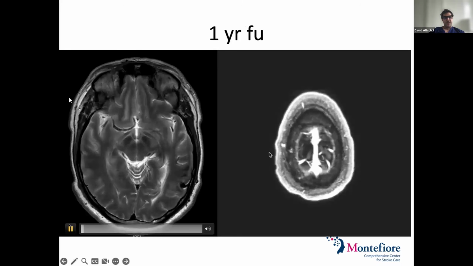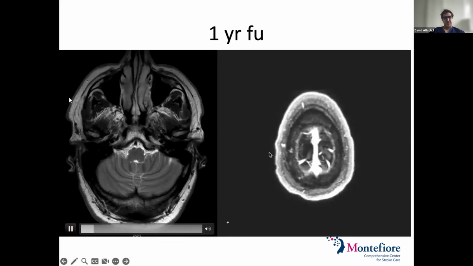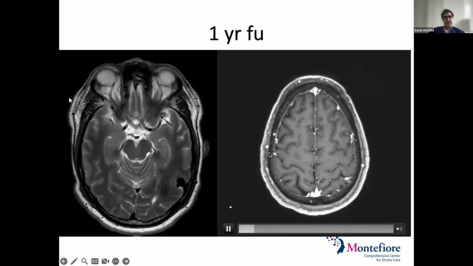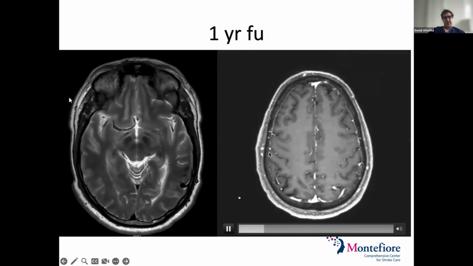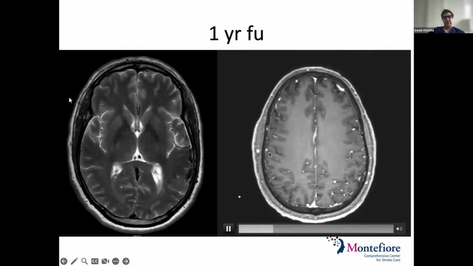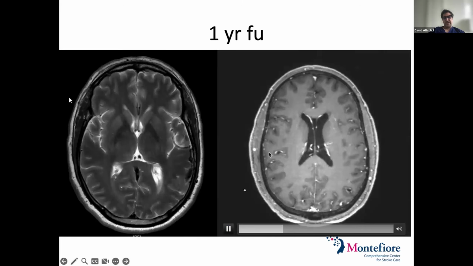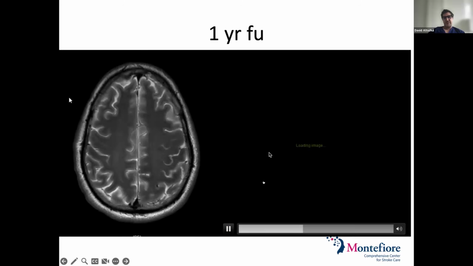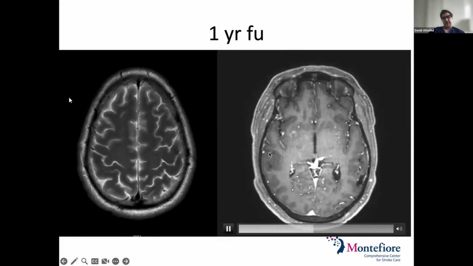He's now 1 year out, and this was his 1 year follow-up MRI, again showing no stroke. There is much improvement in the size of the cortical veins, and the general venous congestion of the brain is much improved.